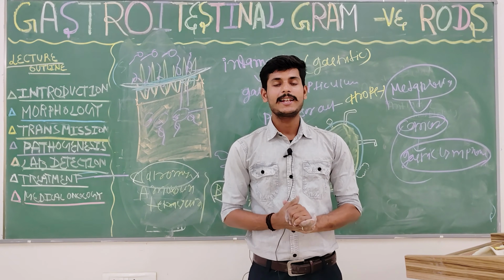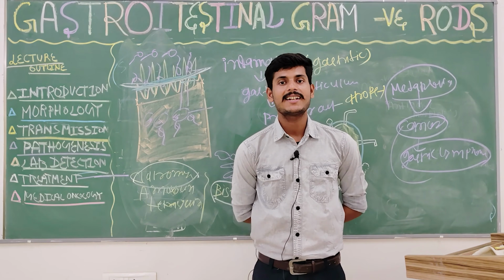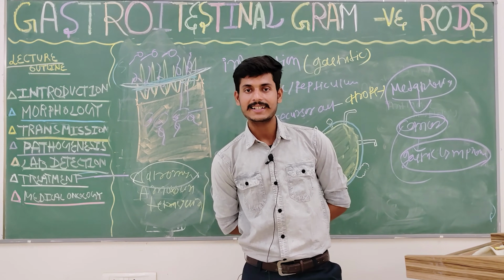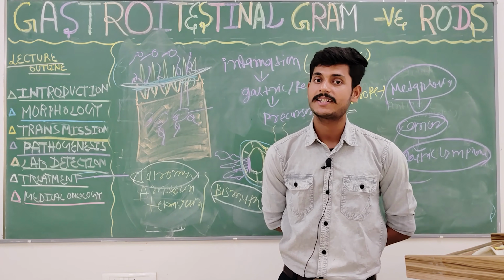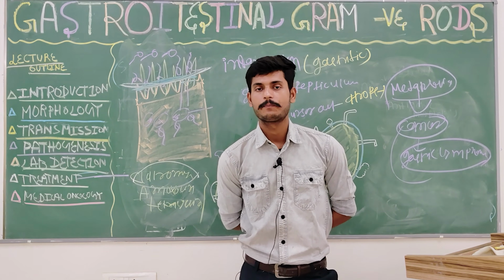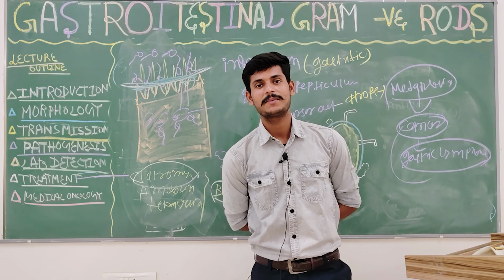And this Helicobacter pylori bacterium's name is decided just because of its shape. It's a helical shape, and it's present in the pyloric region, so that's why it's called Helicobacter pylori. Fine. And its discovery is interesting.